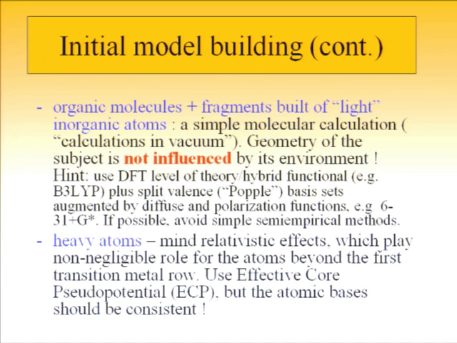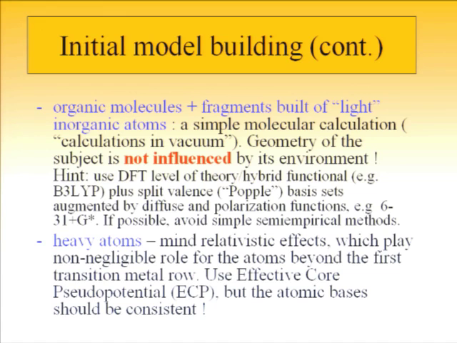A hint, again: use so-called effective core pseudopotentials, ECP, because they describe the core electrons in a proper way, and you can avoid very, very complicated basis sets. But here's the problem. If you have heavy atoms along with light atoms, your basis set should be consistent.